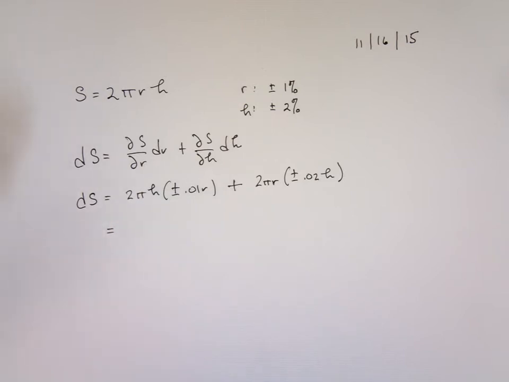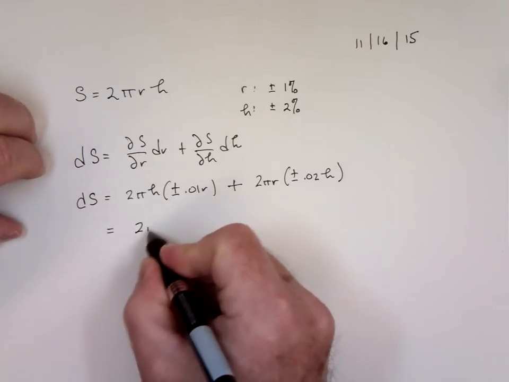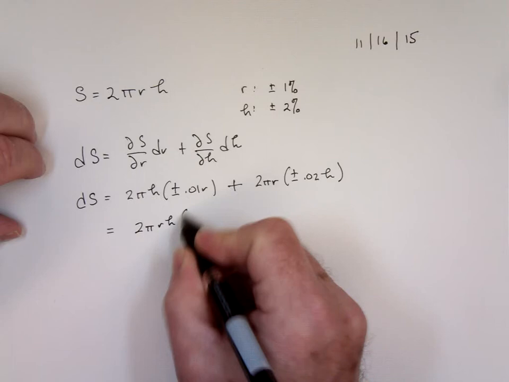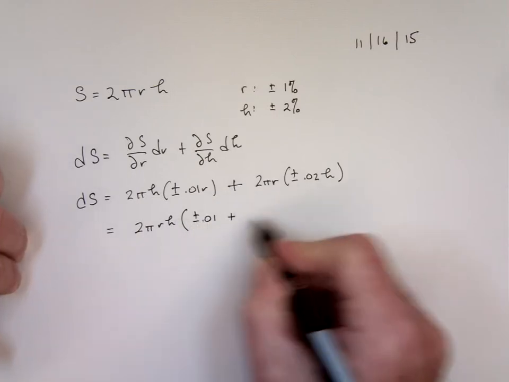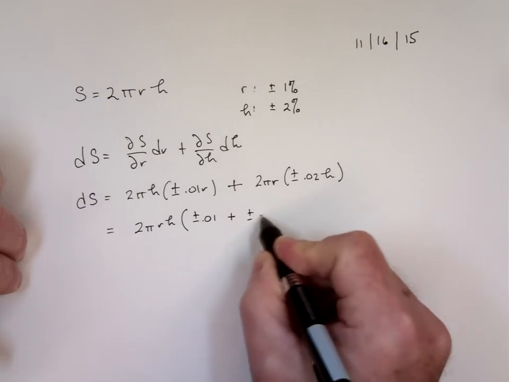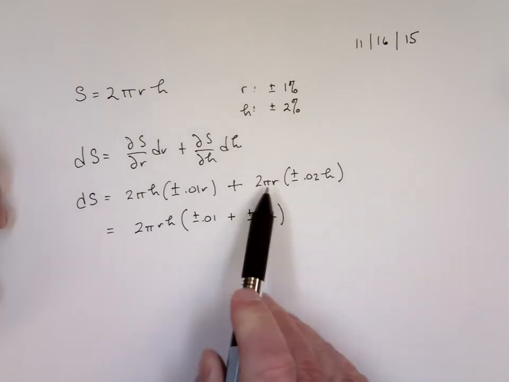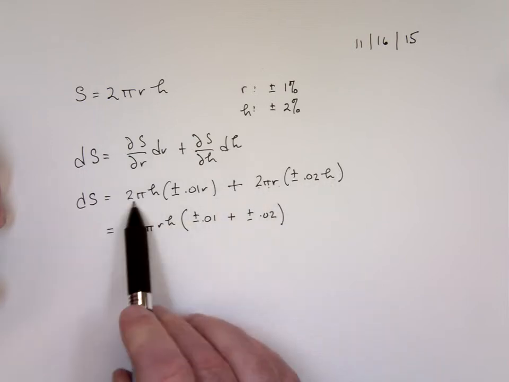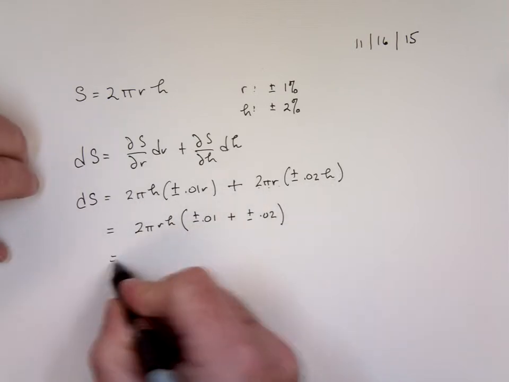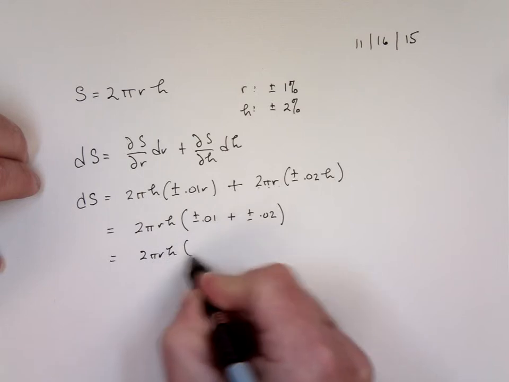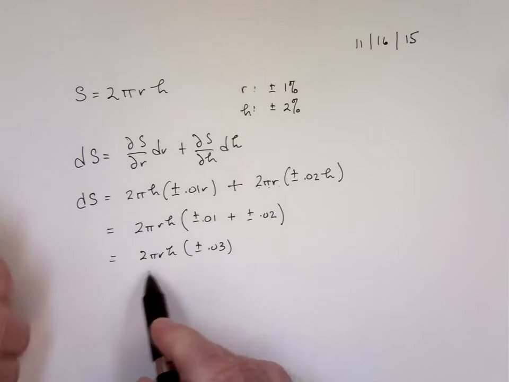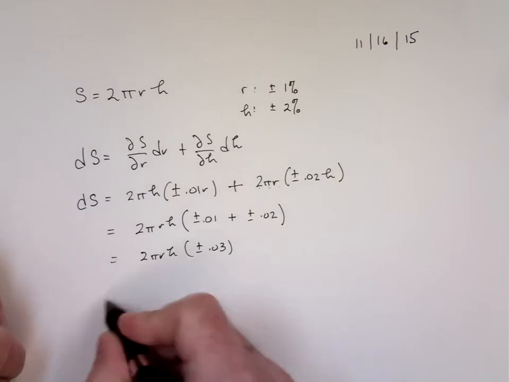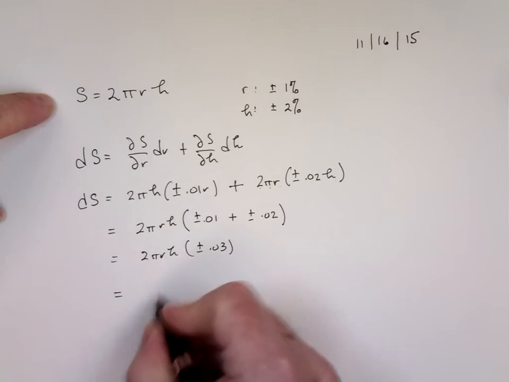There's a 2 pi r h common factor that can be taken out, and you end up with plus or minus 0.01 plus plus or minus 0.02. That's 2 pi r h times plus or minus 0.03. But what is 2 pi r h? It's S.